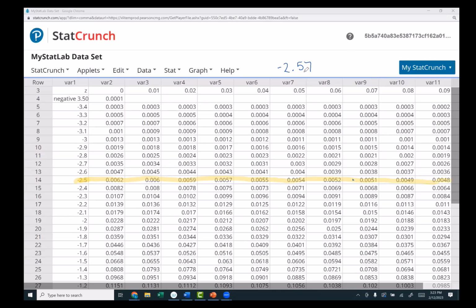And if I want 0.07, notice here's 0.07, I would look down this column. This column is the 0.07 column. And so where they intersect is 0.0051. That would be our probability, which is the same as the area under the curve.